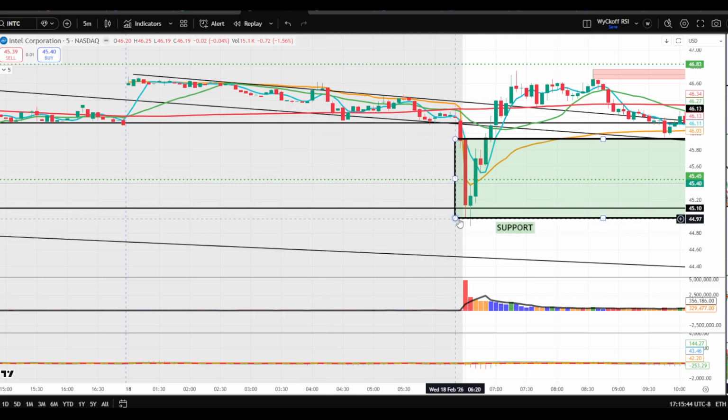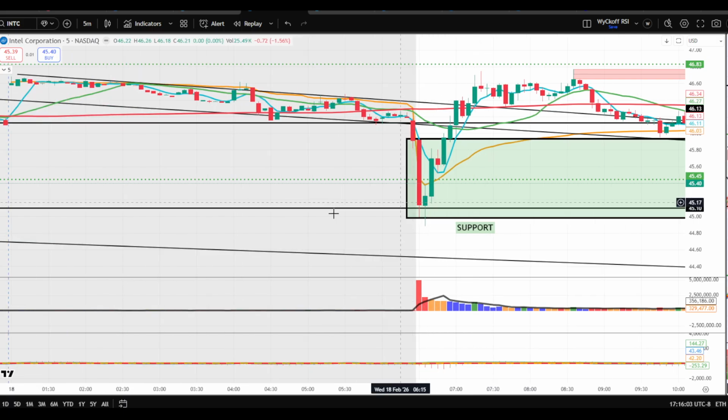For instance, this was the 5 minute candle. So you would want to get it below that 5 minute candle. And at the same time, you know that if it gets back above this support level, it's not a resistance level. It's now holding again a support that was a previous support.